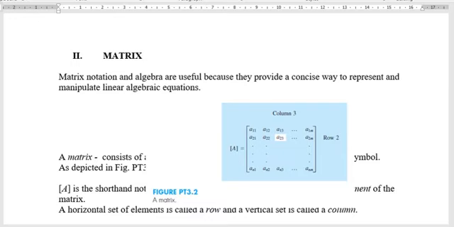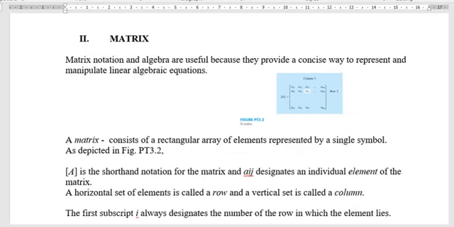we'll first have a little background on matrix. Refresher lang, so mabilisan lang tayo. Matrix notation and algebra are useful because they provide a concise way to represent and manipulate linear algebraic equations.